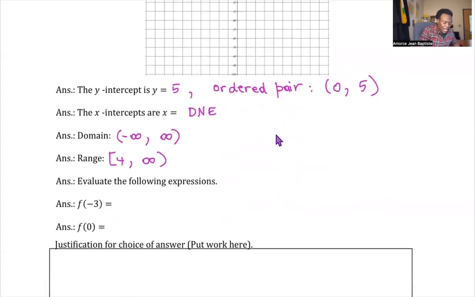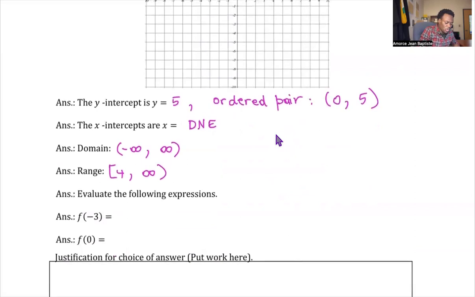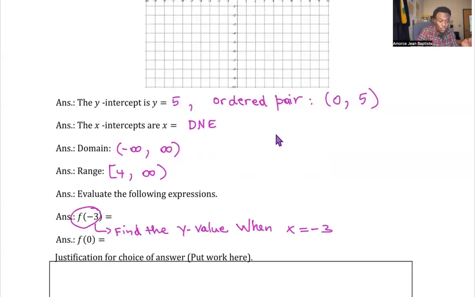And now they ask me to evaluate when x equals -3. The meaning of this is that you need to find the y value when x equals -3. That's the meaning of f of -3. F is given to you. That means it describes how the outputs are given for each input.